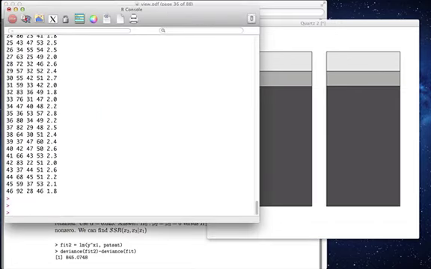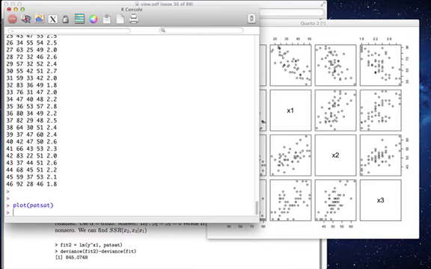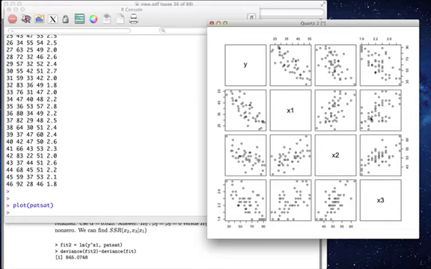The first thing we should always do when we get a data set like this is look at the data. If we plot it, we get a scatter plot matrix. Let's start with the relationship with Y. Age has a negative relationship with satisfaction: the older a patient is, the less satisfied that patient is with the visit.